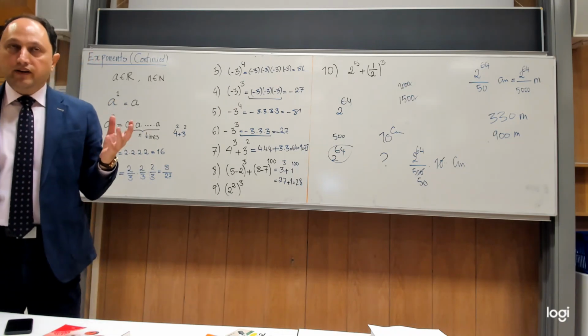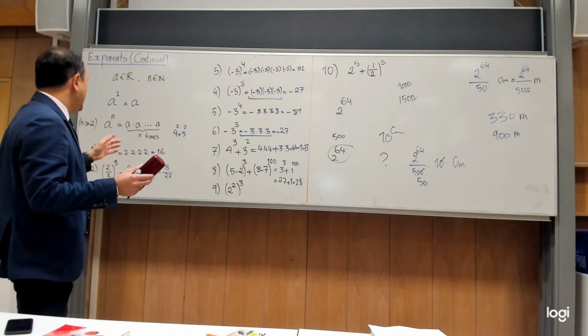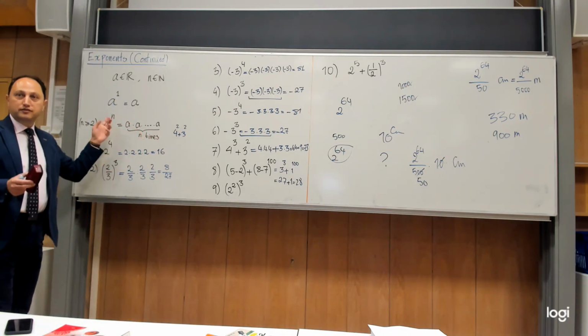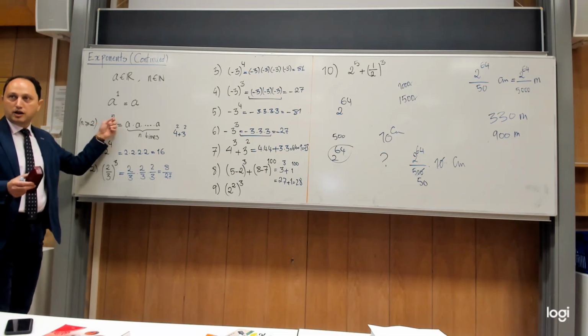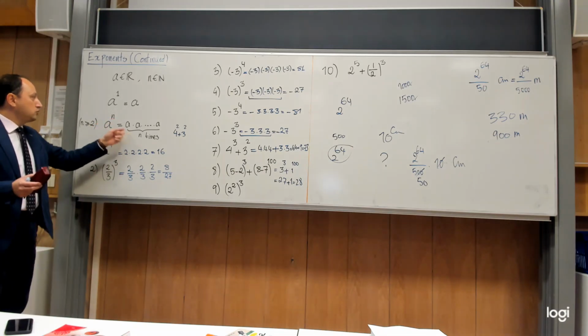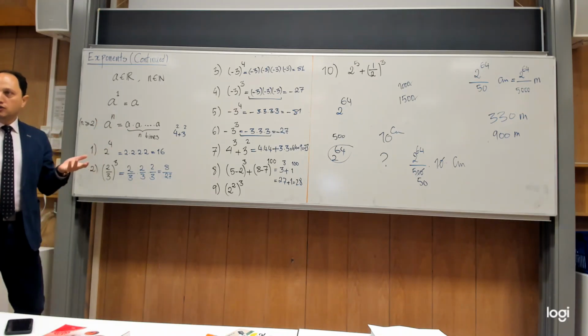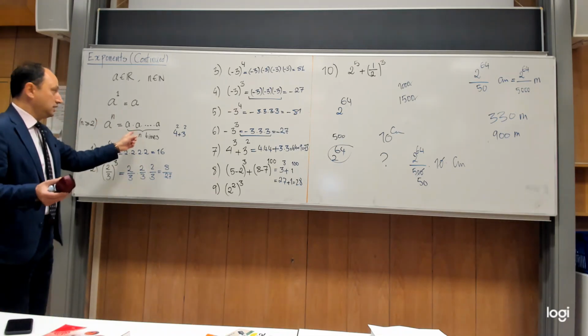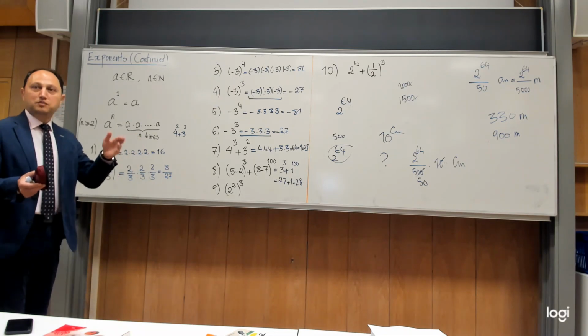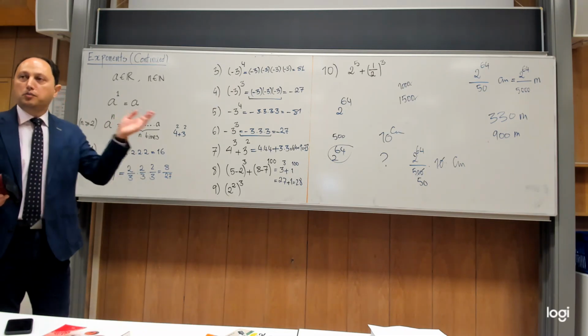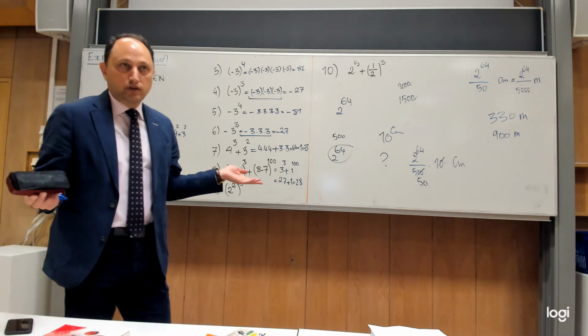The first thing that comes to mind is that we cannot follow the same rule for negative numbers, for example. I cannot use the same rule for 0. If I ask you what is a to the power of 0, it is meaningless using this. I cannot say multiply a by itself 0 number of times, which is ridiculous, yes?